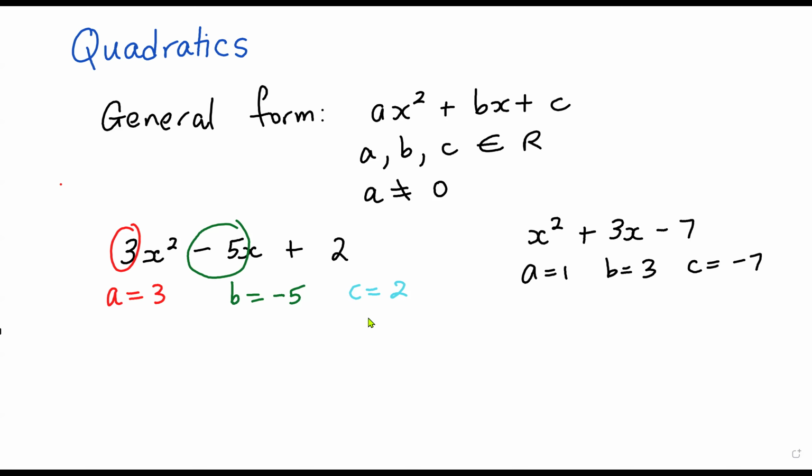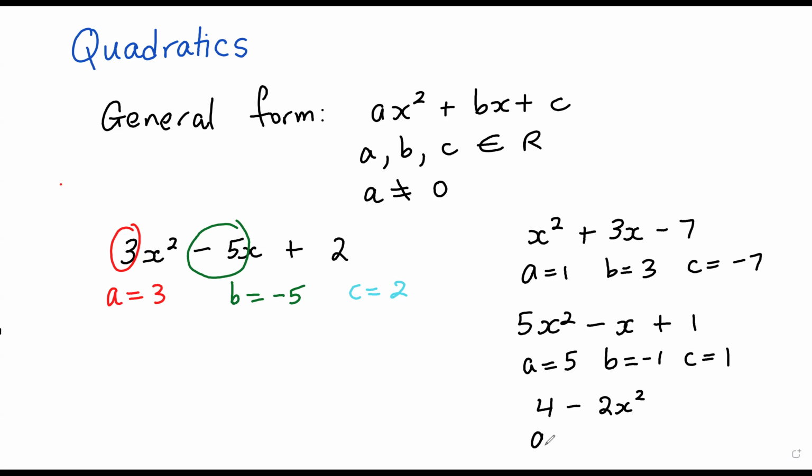What about if you had 5x squared minus x plus 1? What is a, b, and c in this expression? a is 5, b is what, and c is what? Correct. So a is 5, b is negative 1, and c is just 1. What about Jazara? 4 minus 2x squared.